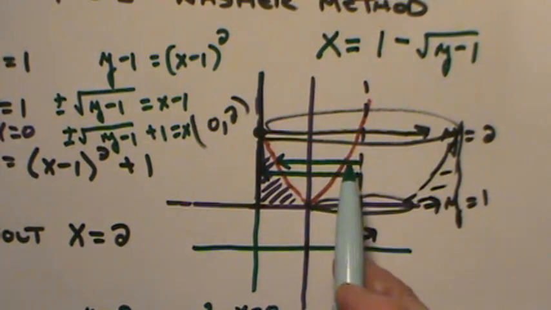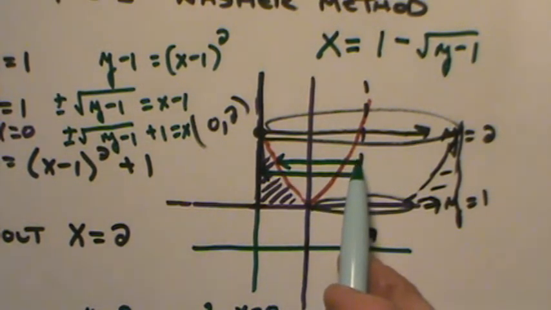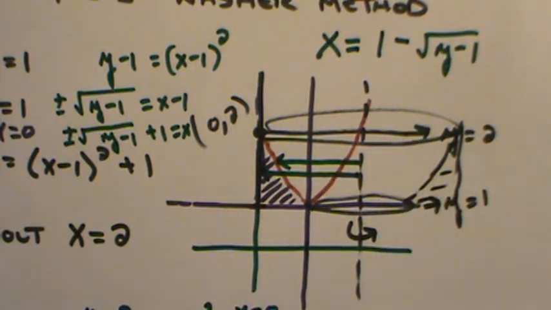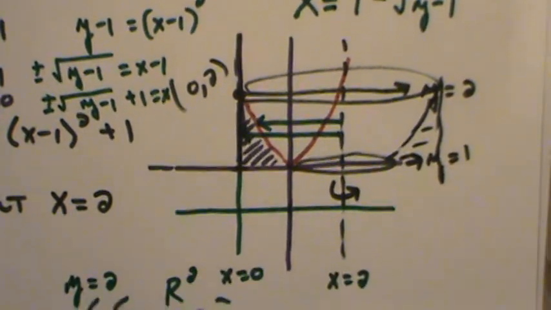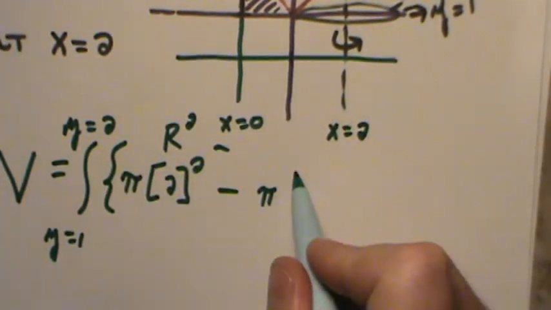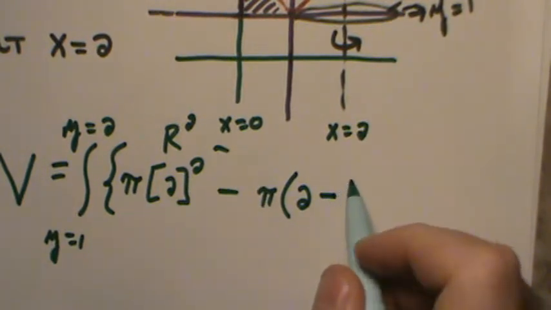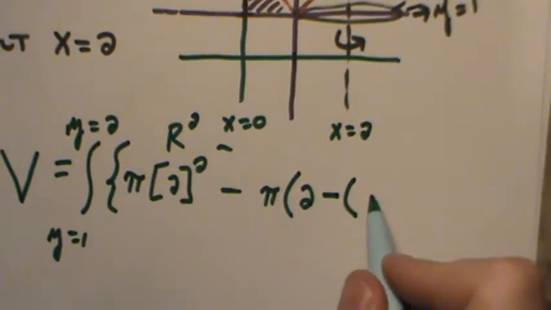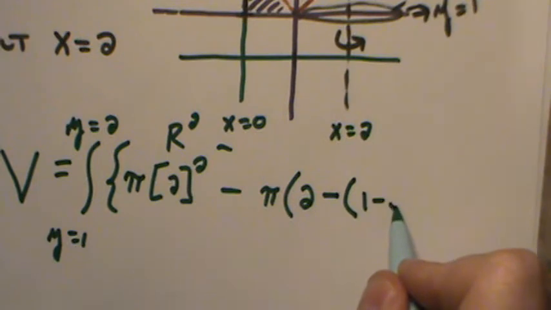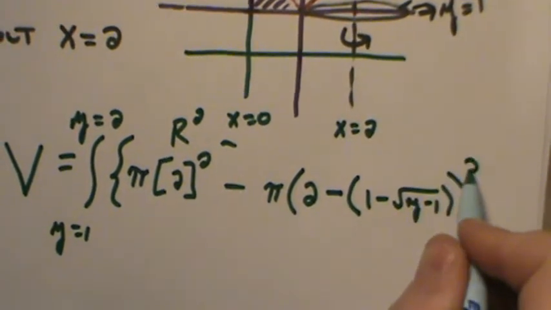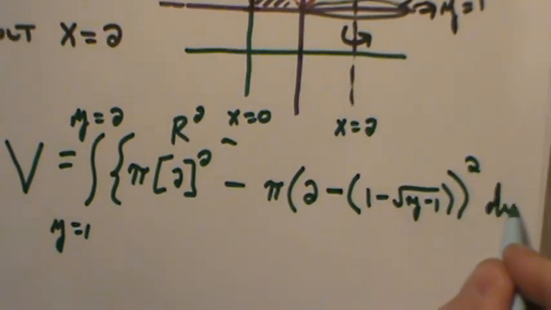And that distance then would be 2 minus all of that. And so when I do my formula down here, I'm going to go 2 minus, now this would be in parentheses again, 1 minus the radical of y minus 1, squared, dy.